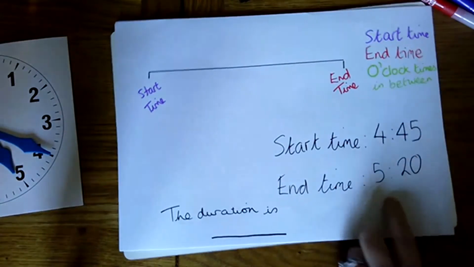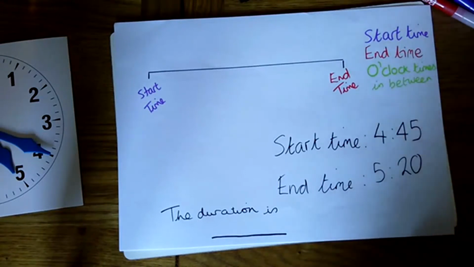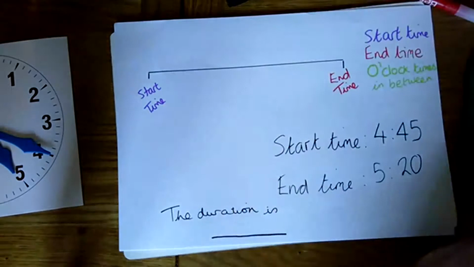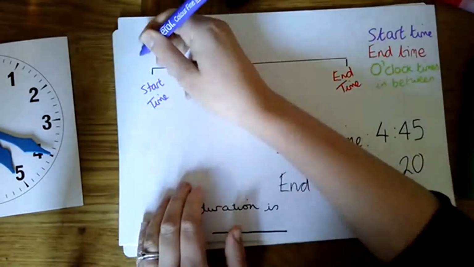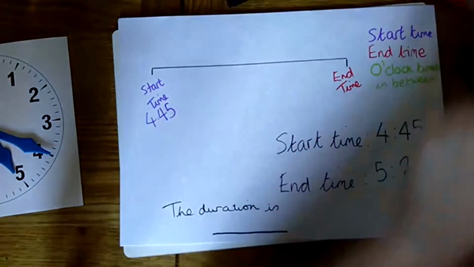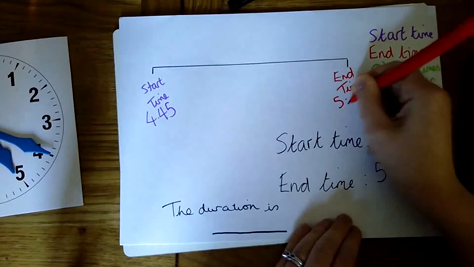So we're looking at crossing the hour. You can see I've labeled my number line with my start time, 4:45. My end time is 5:20.